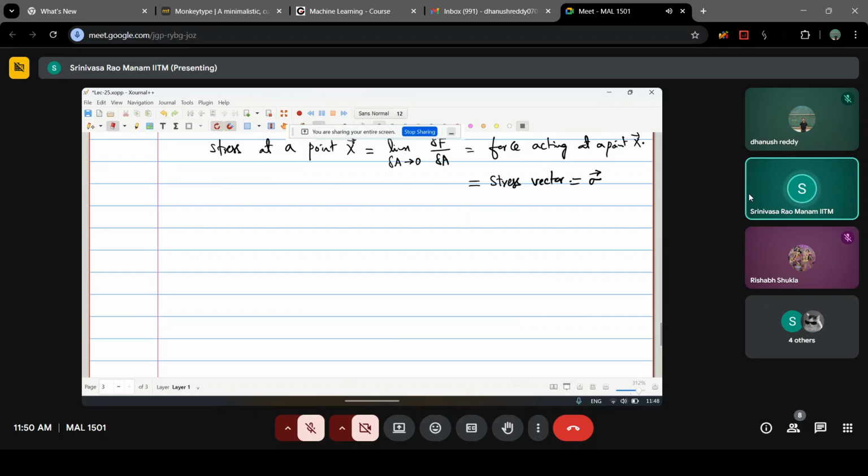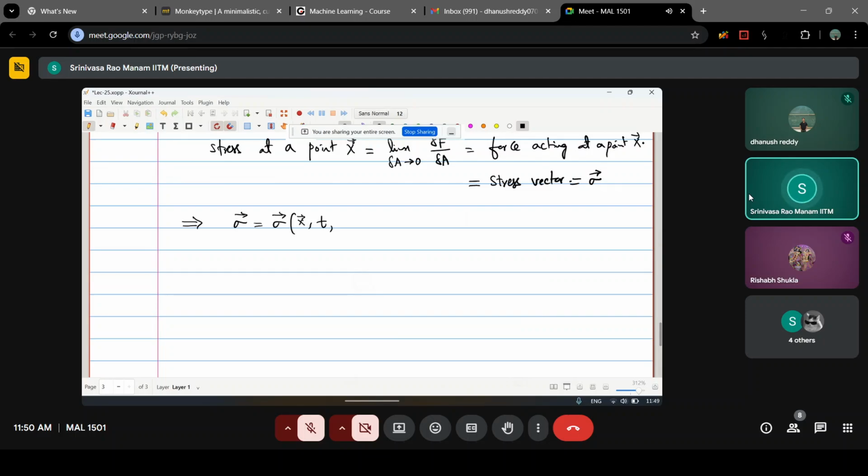So sigma is actually sigma at x, and of course the fluid is moving, so at a particular time t, and it changes with the normal.